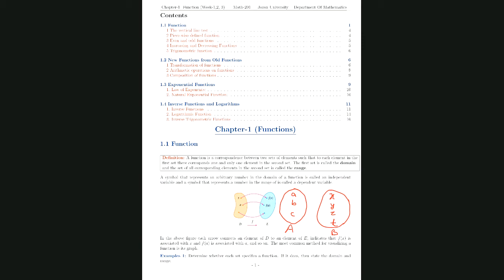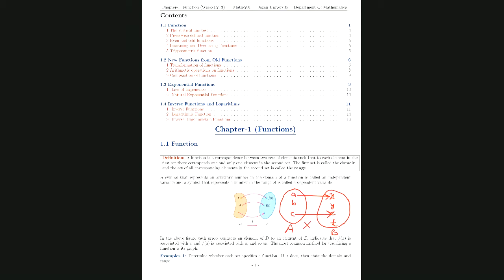Now this A goes to X, and this C goes to Z. Now look, this is not a function from A to B. Why?